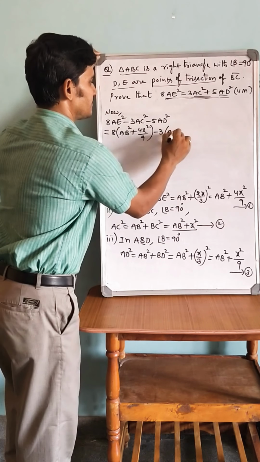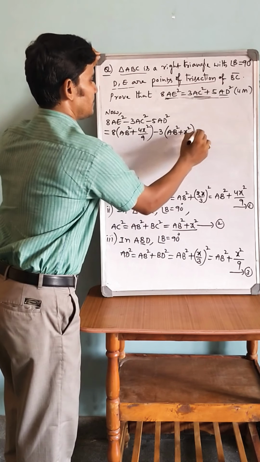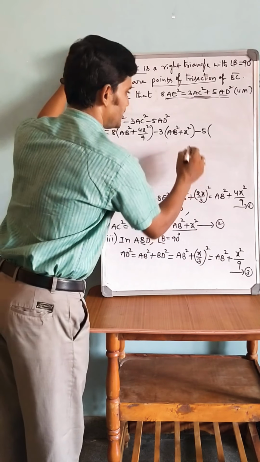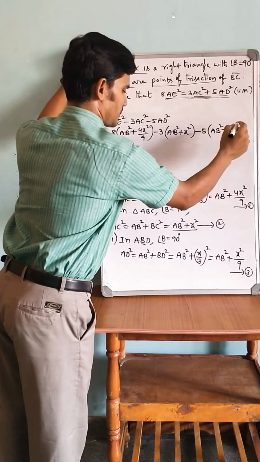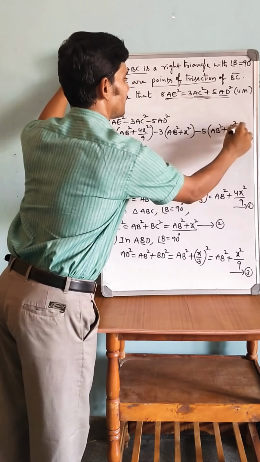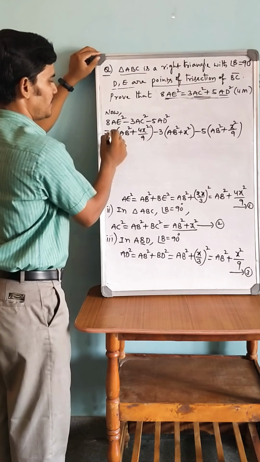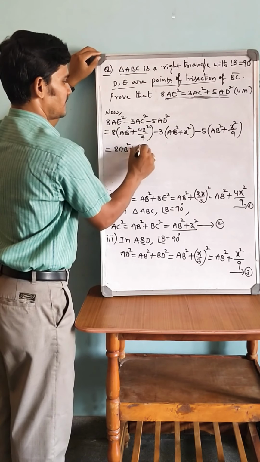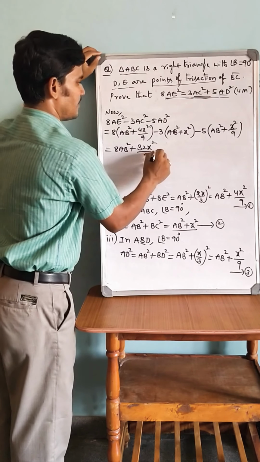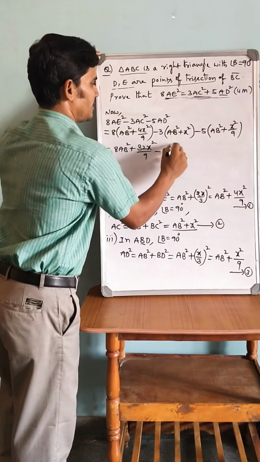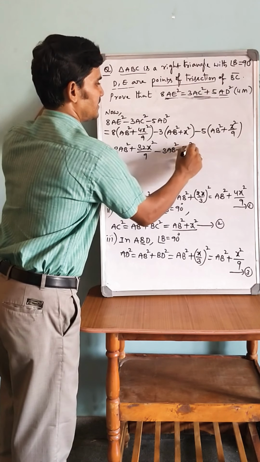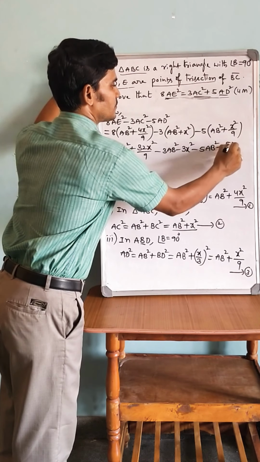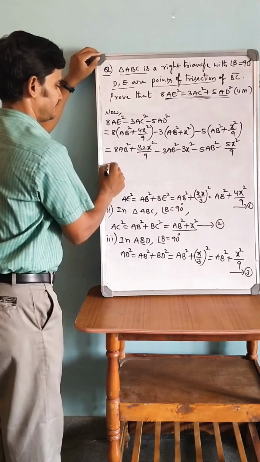AB square plus x square, minus 5 times AD square. AD square is AB square plus x square by 9. Now let us apply the distribution. 8 AB square plus 8 fours 32 x square by 9, minus 3 AB square minus 3x square, minus 5 AB square minus 5x square by 9.